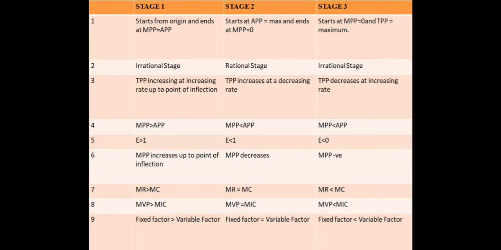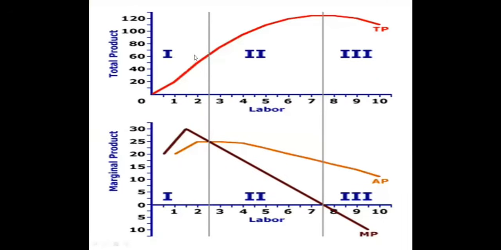Okay, first one. In stage 1, it starts from the origin and ends at the point where MPP is equal to APP. For that, we have to see this figure. Here, this red color curve is mentioned as TP, right? It is your total product.